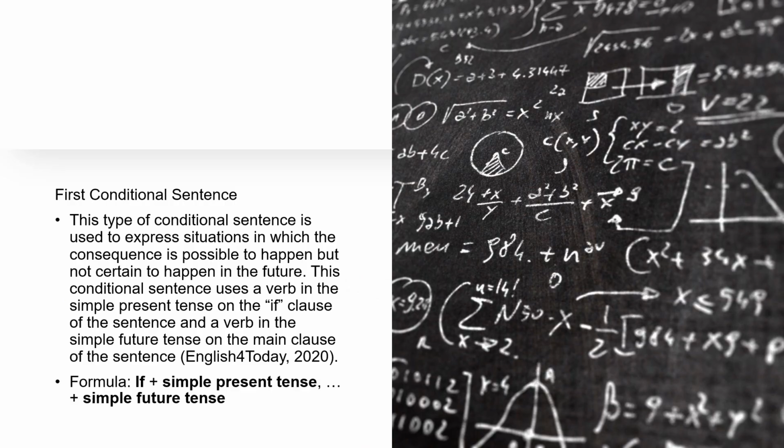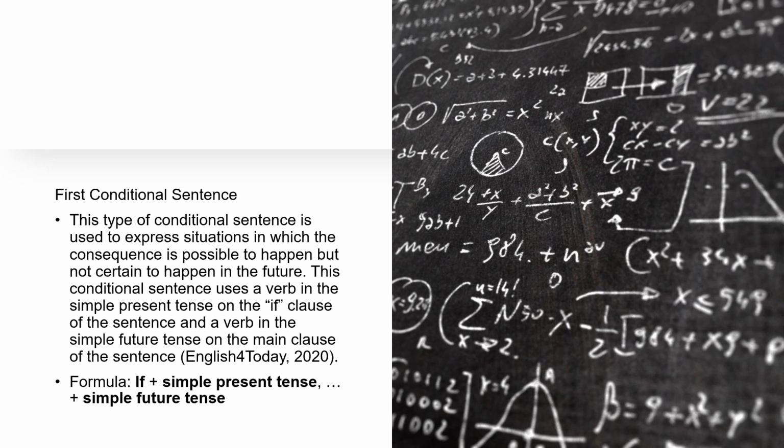The second one is the first conditional sentence. This type of conditional sentence is used to express situations in which the consequence is possible to happen but not certain to happen in the future.